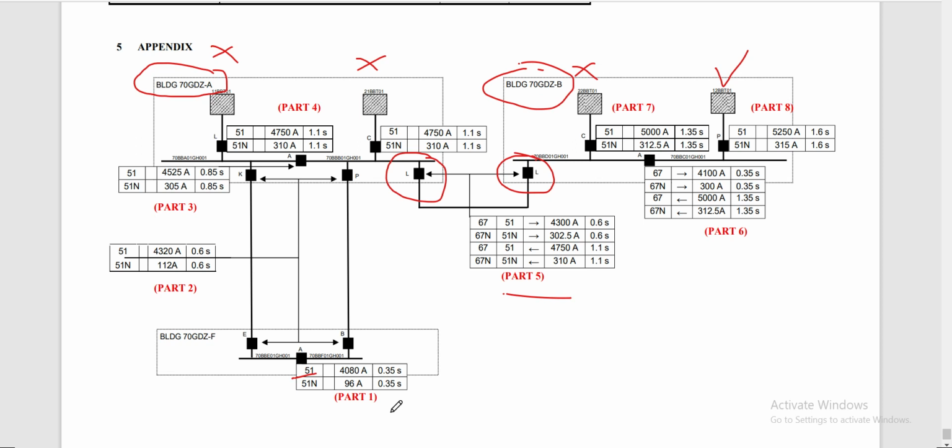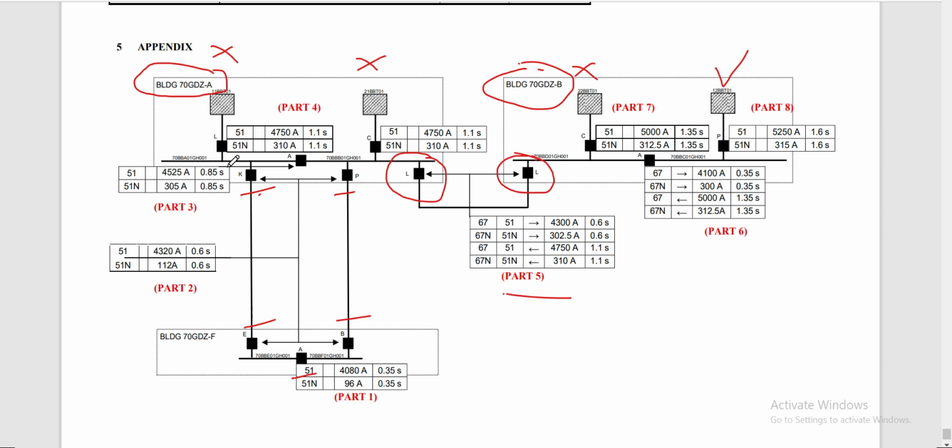So we started here for our bus coupler with 0.35 second pickup time. Next, this outgoing feeder here has the same relay setting as the building F 11 kV switchgear incomers. So from here, these 4 relays, our pickup time is assigned at 0.6 seconds.